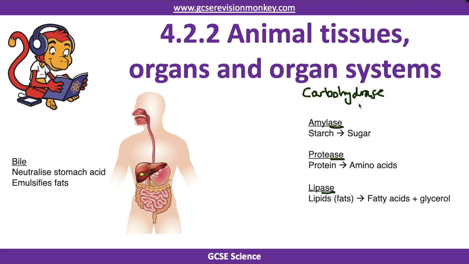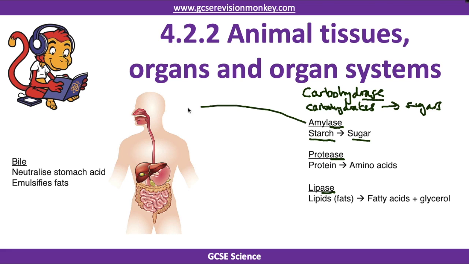A carbohydrase is any enzyme that breaks down carbohydrates into sugars. The particular one that you'll see talked about most in the exam is amylase, which breaks down particularly starch into sugar. So you may well have learned about carbohydrases. They break down any carbohydrates into sugars, and amylase is just a particular carbohydrase.